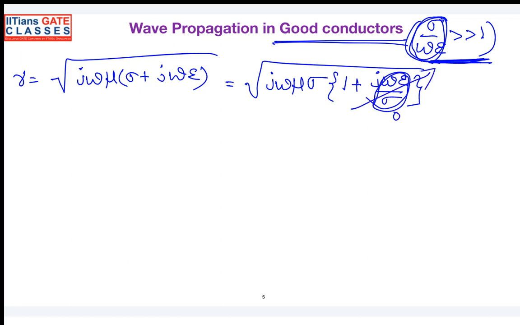So what will happen? The propagation constant is equal to root j into root over omega mu sigma. Fine. So what is the value of root j here?